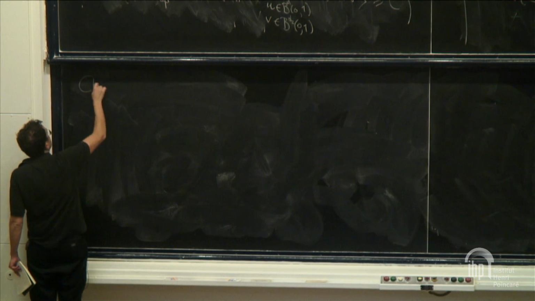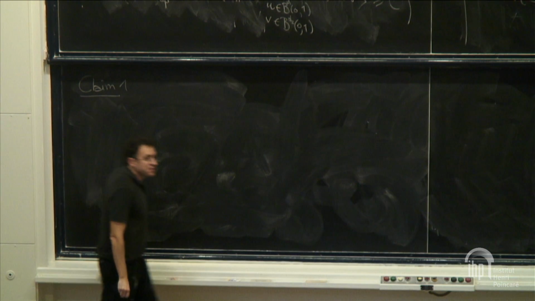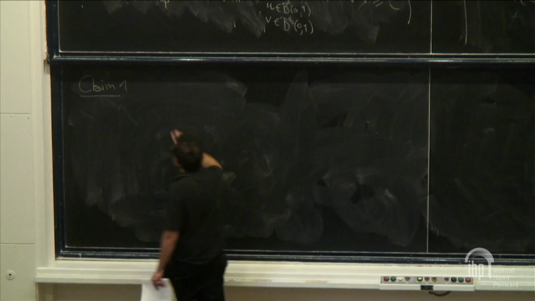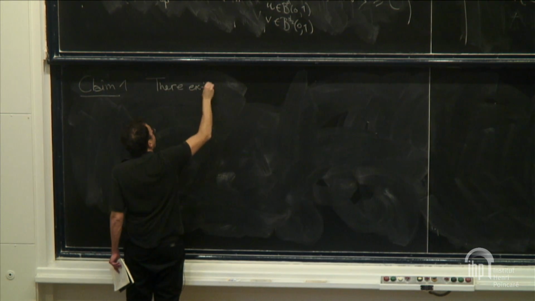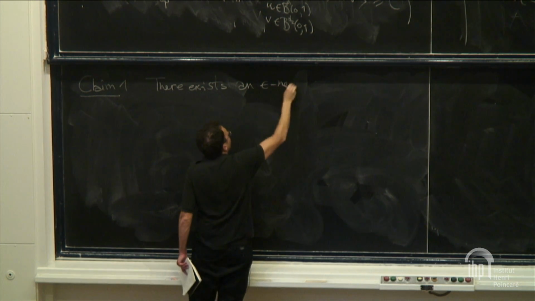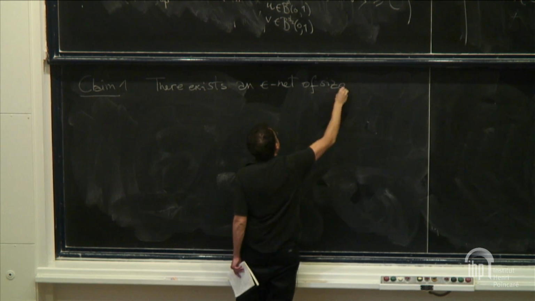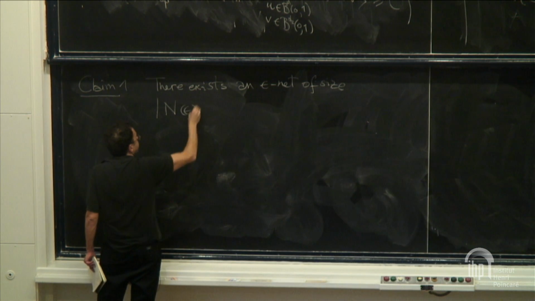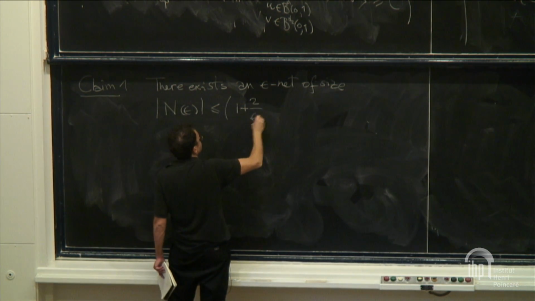Well, what is nice about epsilon nets is that they obey these two things. First claim is that there exists an epsilon net of size, meaning of cardinality, less than (1 + 2/epsilon)^d.